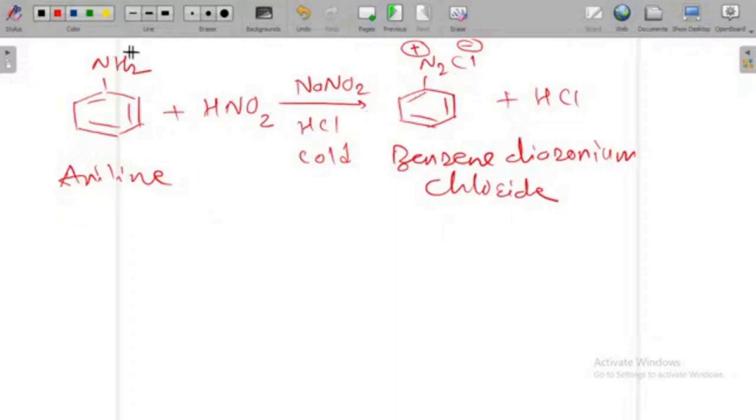From aniline you can prepare different types of functional groups. The nitrous acid is prepared from sodium nitrite and HCl, and it reacts with aniline to give benzene diazonium chloride, and NaCl is a byproduct. Now we'll see the reactions one by one.